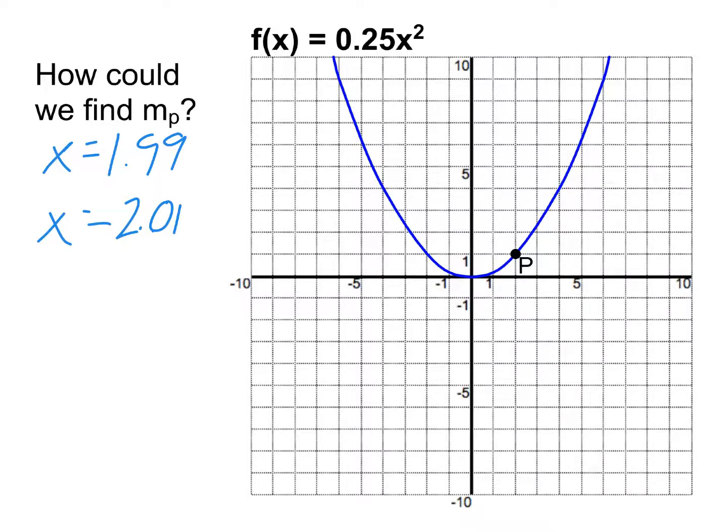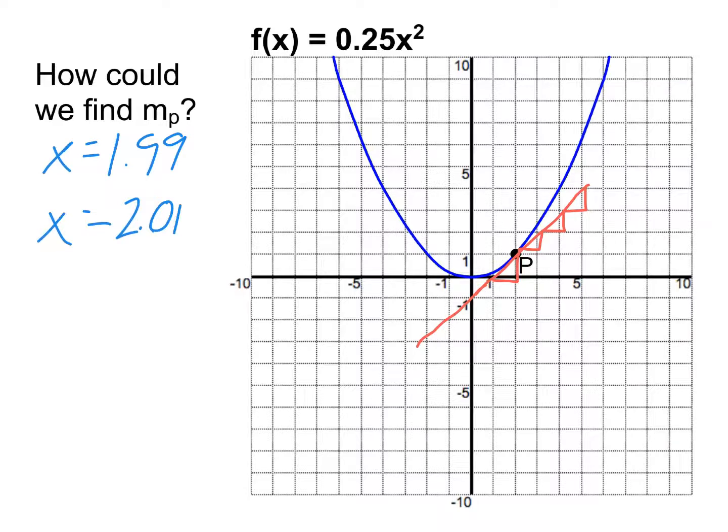The other method that a lot of people aren't thinking of, probably because we've been dealing with so much complex stuff here, is why not draw it in and estimate what it looks like. What does it look like the slope is that's going through P? Looks to me like it's about 1.